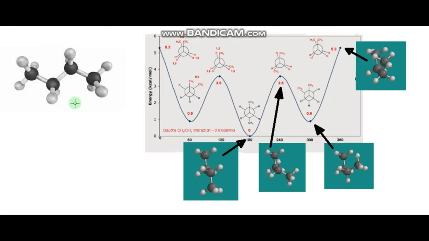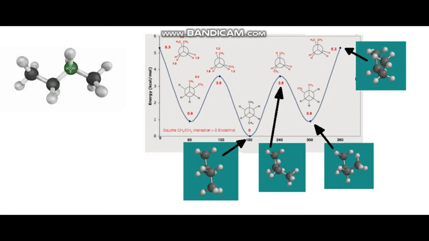So first of all, when we look at the hydrogens on the 2 adjacent carbons here, you can see that they're not directly lined up with one another. So where this one coming towards you is pointing upwards, this one is pointing downwards. So they keep out of each other's way.